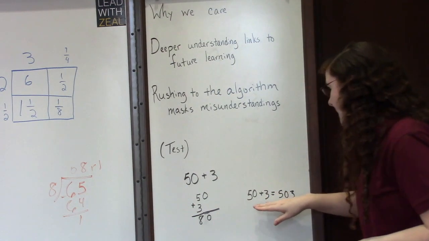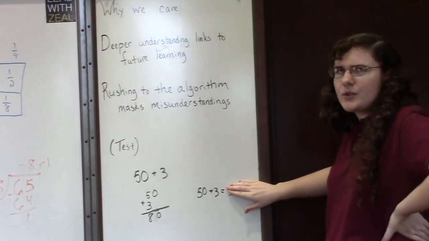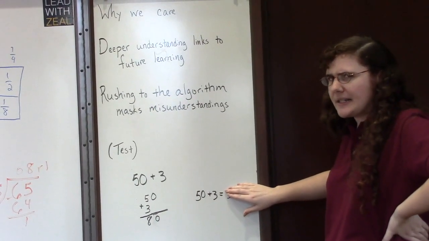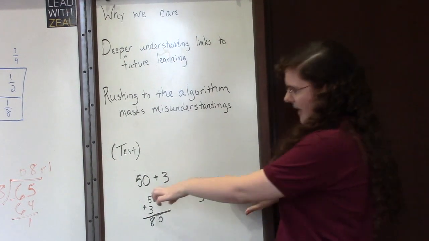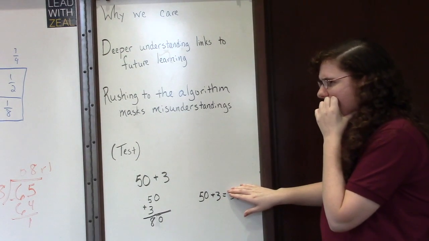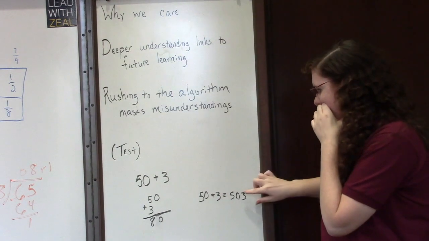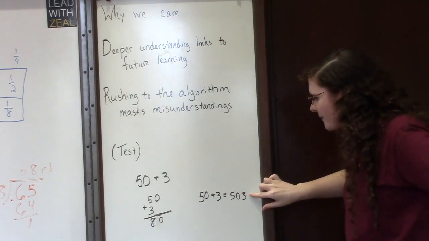Another way they might mistake it is, well, 50 plus 3, so that's 53, isn't it? If they happen to know in their heads that this is the 10s and that there's some 1s after it, and then 50 and 3, right?